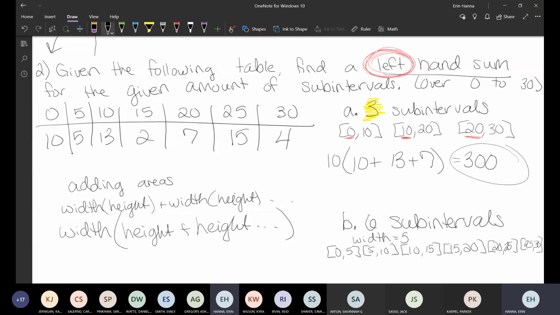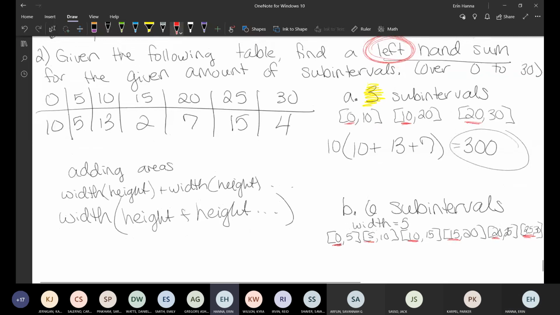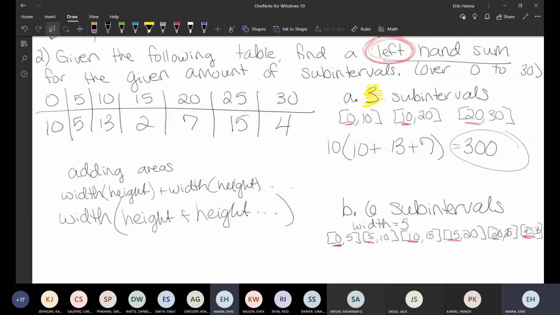In this case, we're still taking a left-hand side, so we're going to want the values at 0, 5, 10, 15, 20, and 25. Take the total distance you're working over, divide it by the number of rectangles you're breaking it into. That gives you your width. We want to use all of the values on this table except the one at 30.